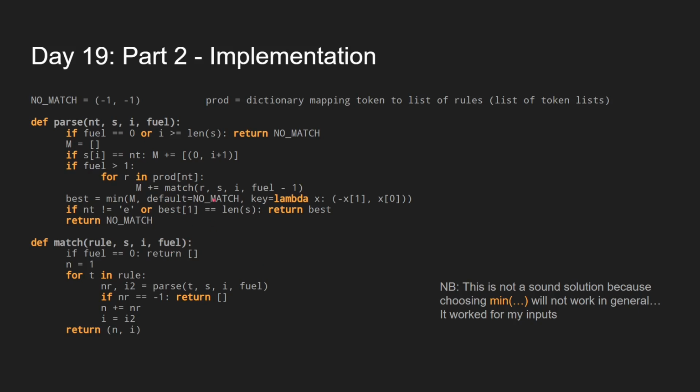Okay, so that's how my solution works. My code didn't look exactly like this, but this is simplified. And my solution isn't completely sound, so using the min here does not work actually. And I won't explain why, but there are inputs that will fail on this, but it did work for my inputs.